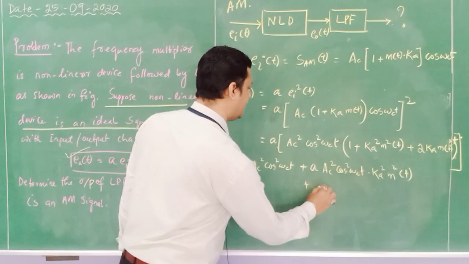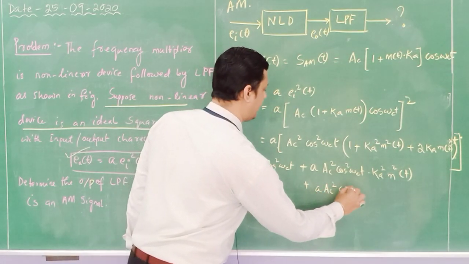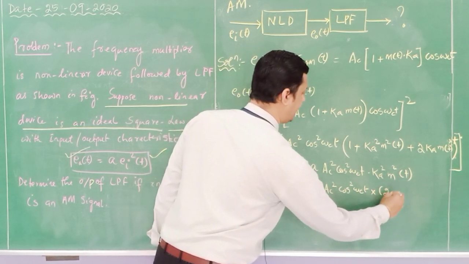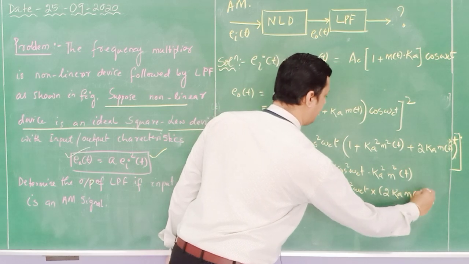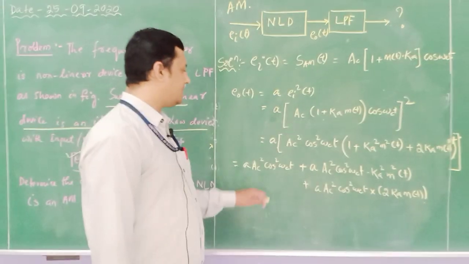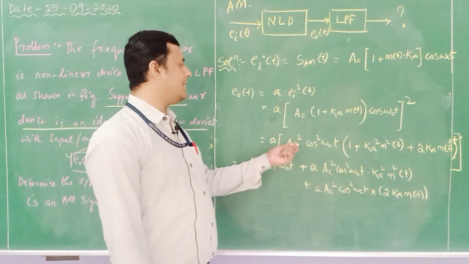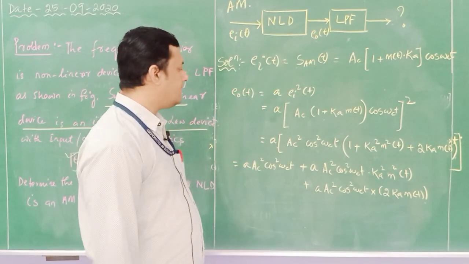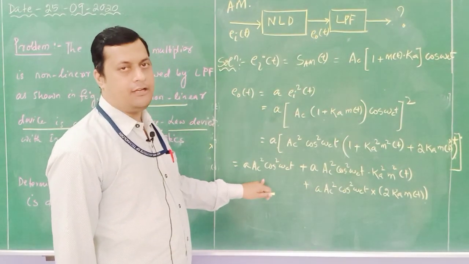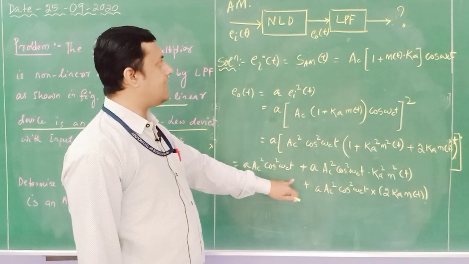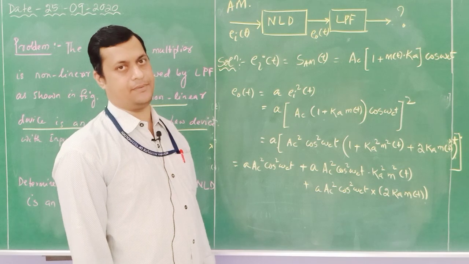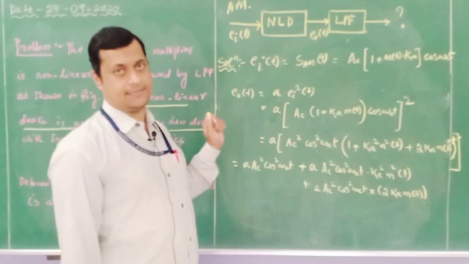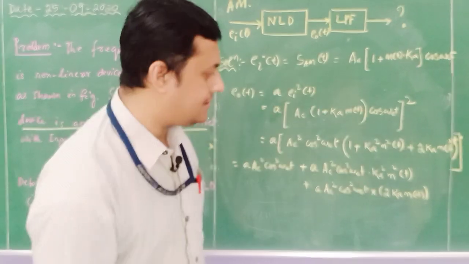And the third part is A c square cos square omega c t into twice of K a m of t. Done. So these are the three components which will be at the output of this NLD, the nonlinear device. Now this is the output of the nonlinear device through which we can identify the output of the LPF and decide how efficient this particular device is. Okay, how will we write all these things? Let's see step by step.